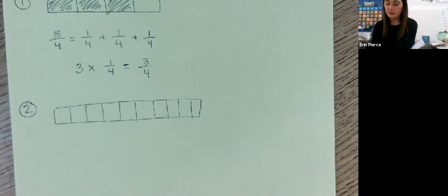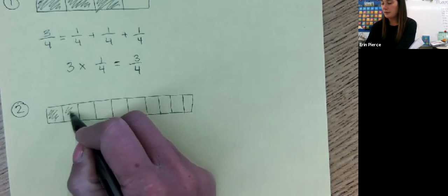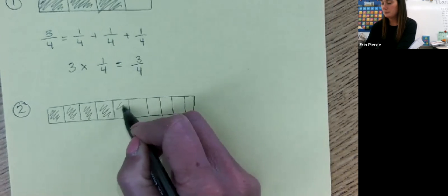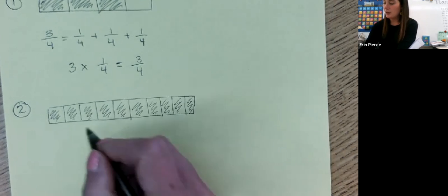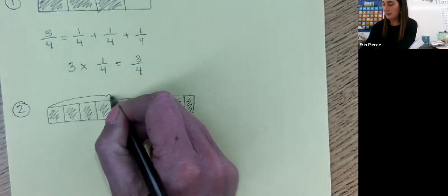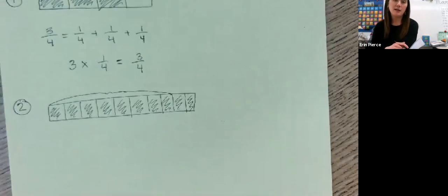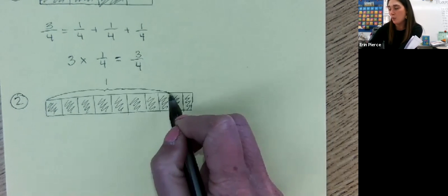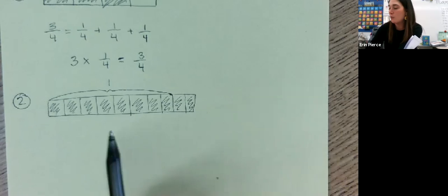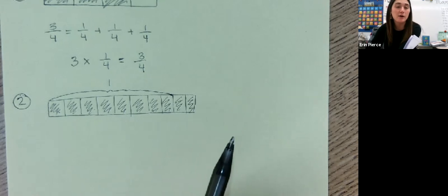And on this, I'm going to shade in all 10 parts. And then I'm going to show that it is one whole when it stops at the 8th shaded part. That represents 1. So if I have it shaded all the way, but our one whole stops here, we have 1, 2, 3, 4, 5, 6, 7, 8 in our one whole.